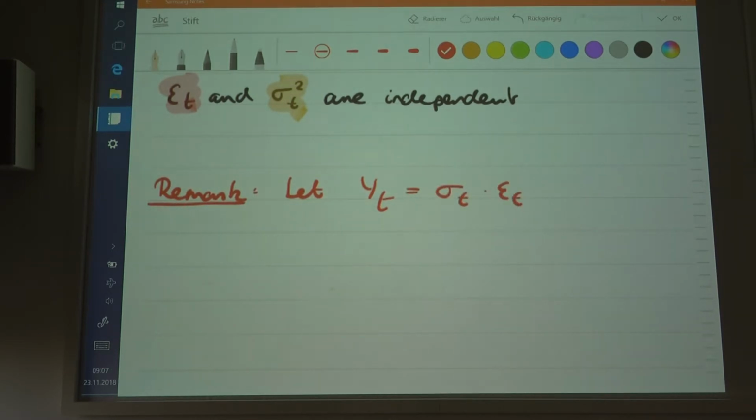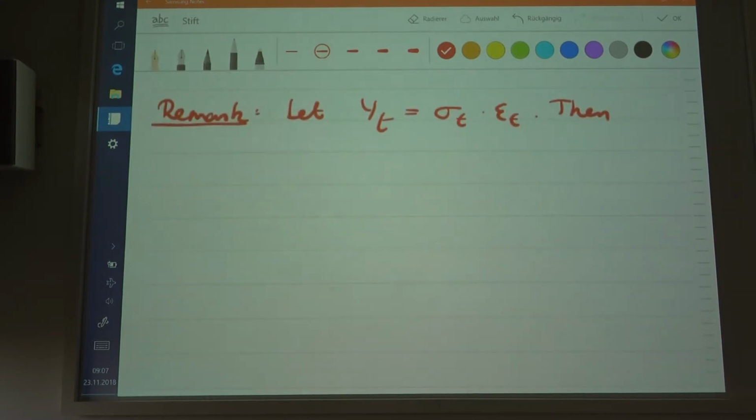Again, epsilon is a noise, and sigma t is a stochastic variance, or the stochastic volatility, in short. The properties are as we just discussed.